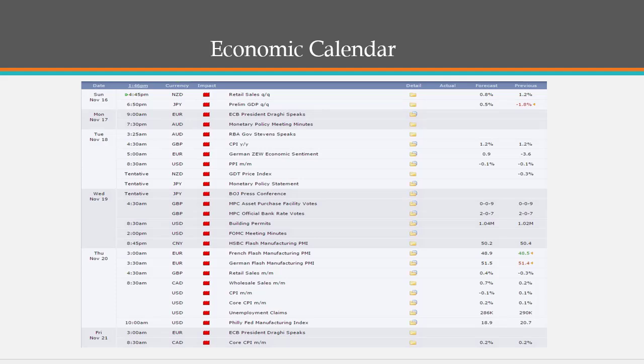Another important thing to pay attention to when we try to understand the bias in the economy is the economic calendar. There are times that we have a very heavy economic week filled with data, and this is very important. We have to pay attention because the data will dictate our outlook about the future path of the economy.